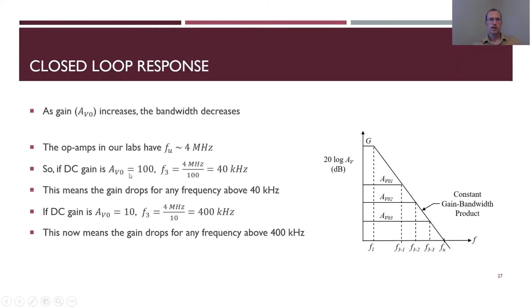So if my DC gain is roughly 100, F3 is about 40 kilohertz. That's about as far as we can go. Anything above 40 kilohertz, the gain is going to start to drop. If AV0 is only 10, so 10 times smaller, I then have F3 at 400 kilohertz, so basically 10 times bigger frequency range, but I'm only getting a tenth of the gain.